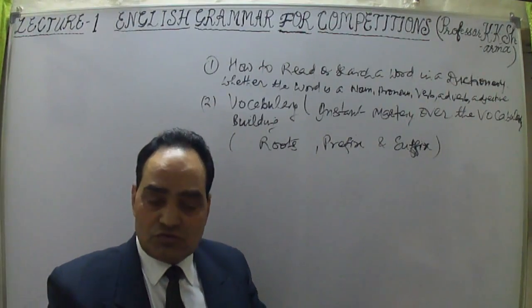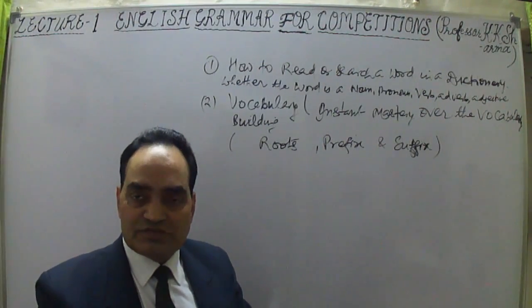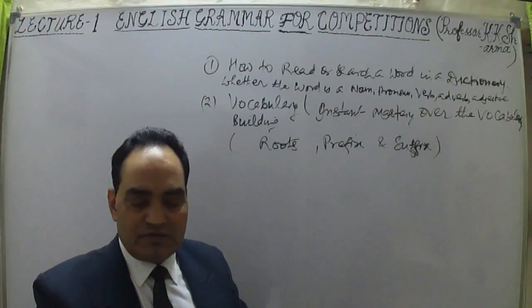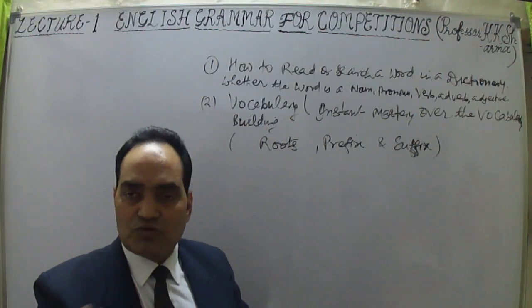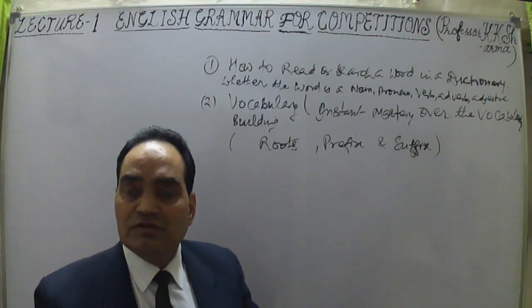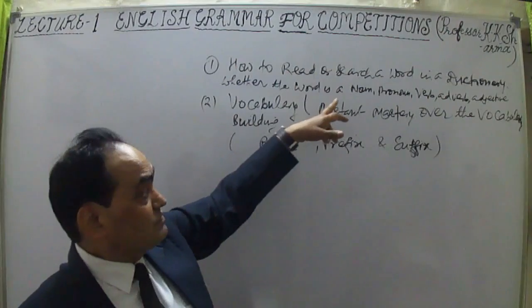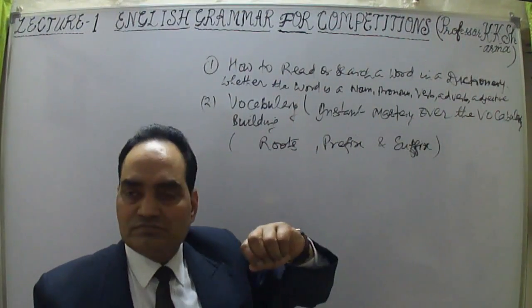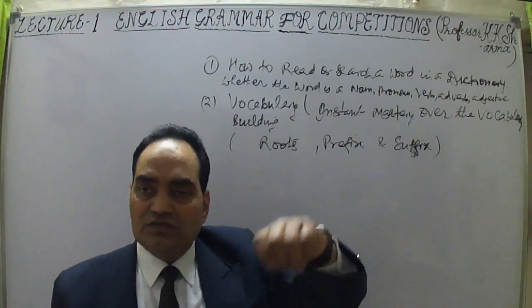So in a sentence, a verb is used to show the relationship with the help of verbs. Verb, for example, do is a verb. Do, does, did, etc.